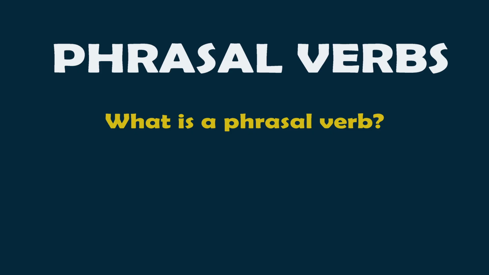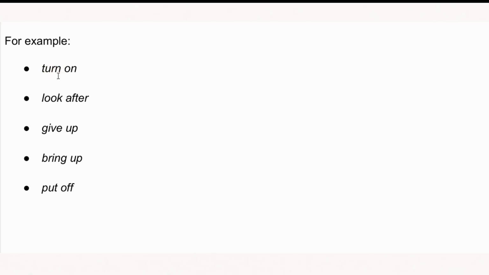For example, turn on. The verb is the verb to turn. So the particle that you add here is on. This on is a preposition. And then here we say turn on. So it changes directly the meaning. We have look, we add the particle after. We have give, we add the particle up, and then we say give up.